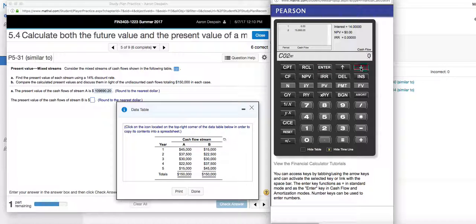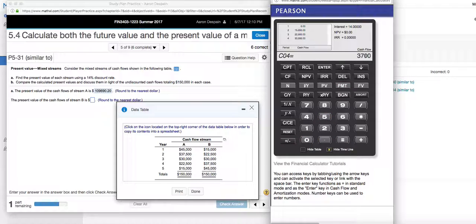One time, cash flow 2 is 22,500. Cash flow 3 is 30,000. Enter. Arrow down, frequency is 1, cash flow 4 is 37,500.